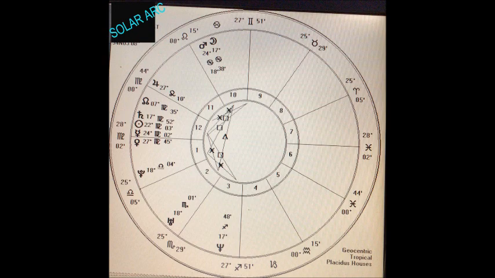Then look at Pluto because it is in the first house. It is in Libra, and Venus is the dispositor. And dispositor means that it represents a planet or a person who can dispose of you. And this is widely used in horary astrology.